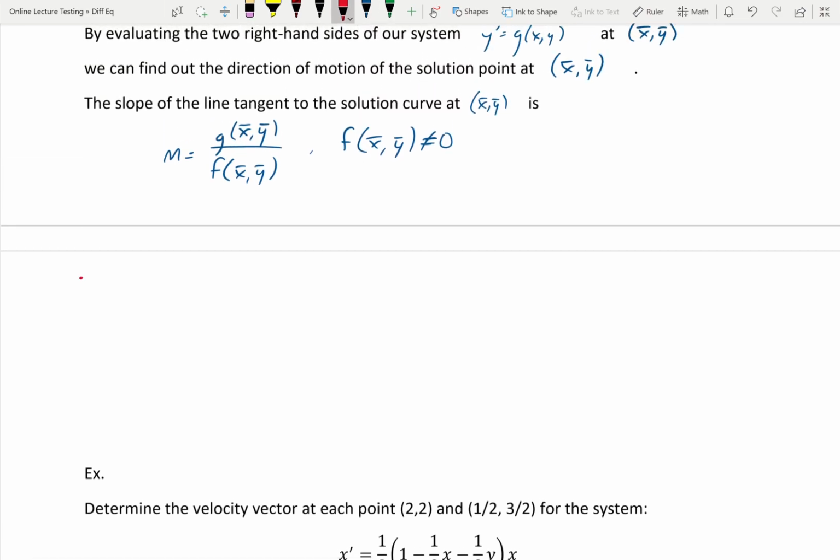If f of x bar, y bar is equal to 0, and g of x bar, y bar is not, there's a vertical tangent line at that point.